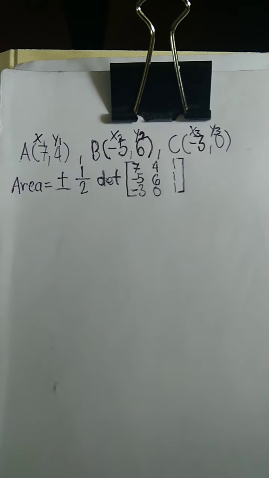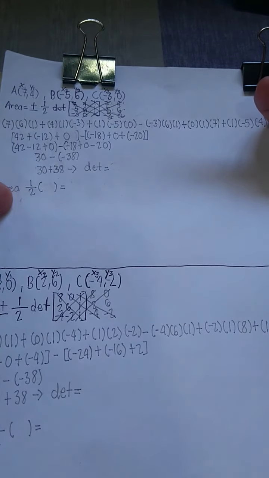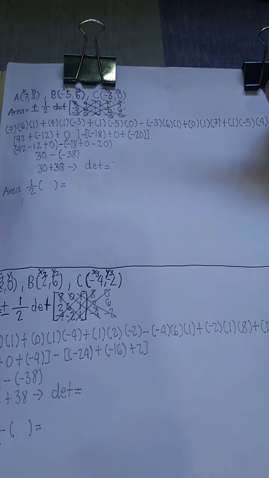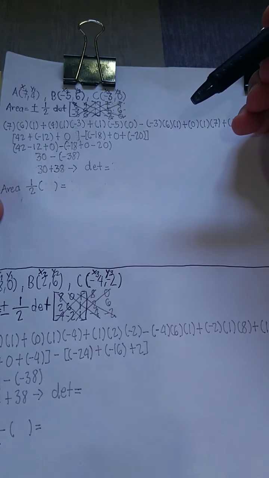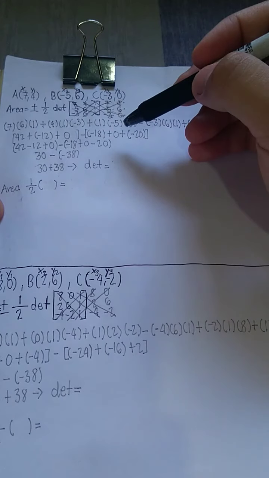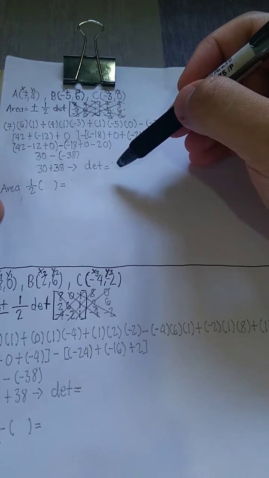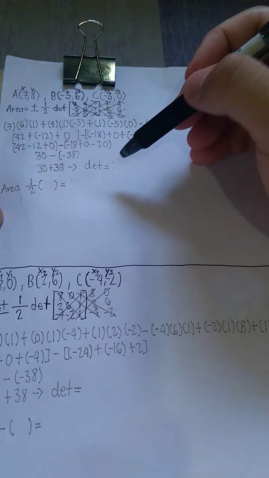Here is the whole solution to this area of a triangle example 1. We solve for the determinant, and then the area itself.